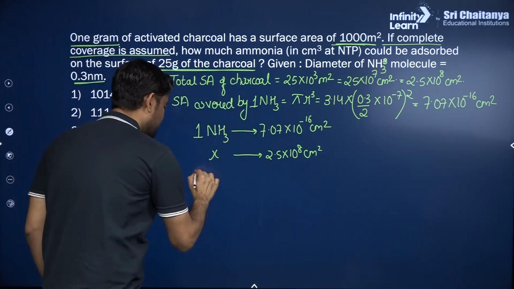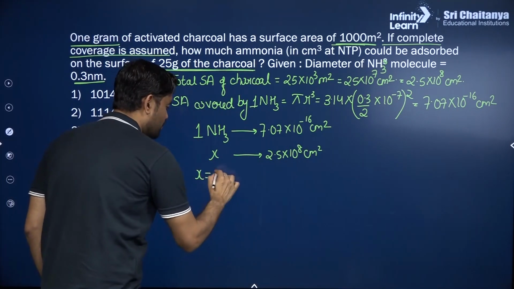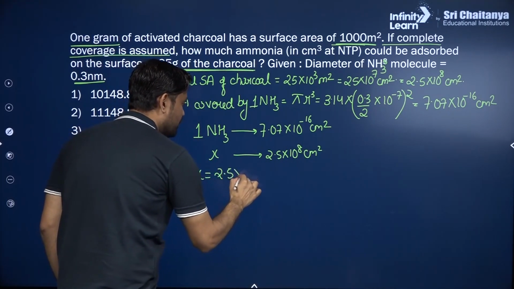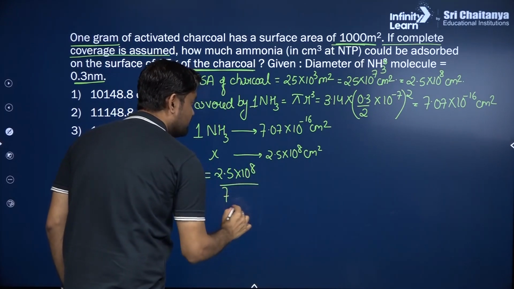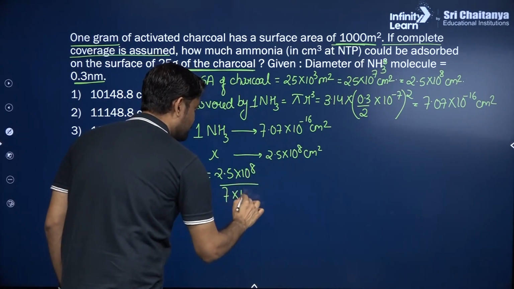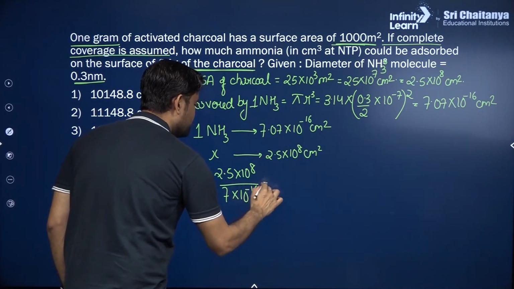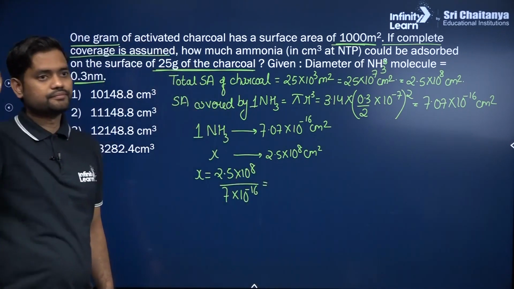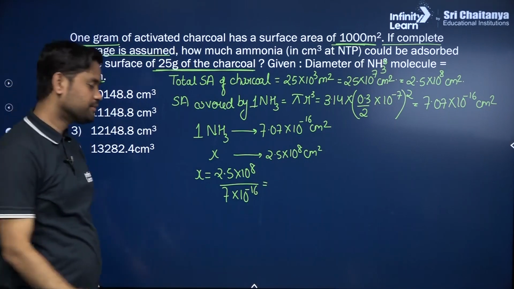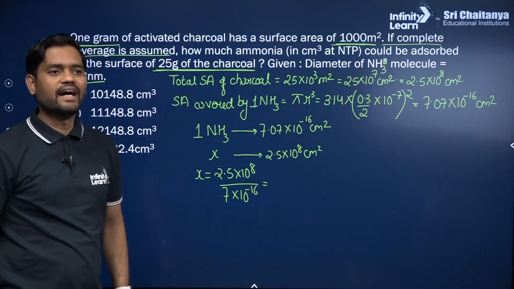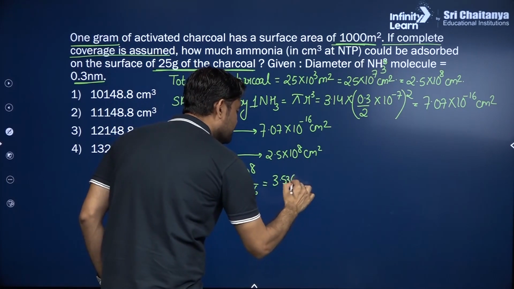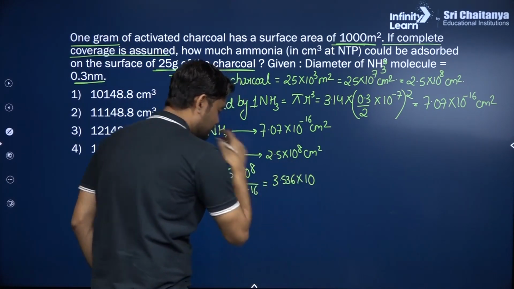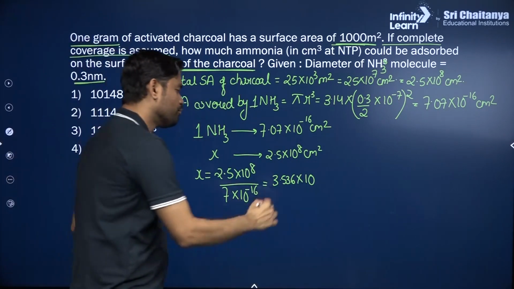So this X can be calculated as 2.5 into 10 raised to 8 by 7.07 into 10 raised to minus 16. Clear? Sure. And you will get the answer as 3.536 into 10 raised to 23.